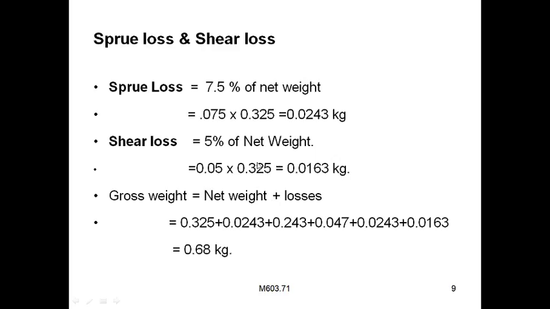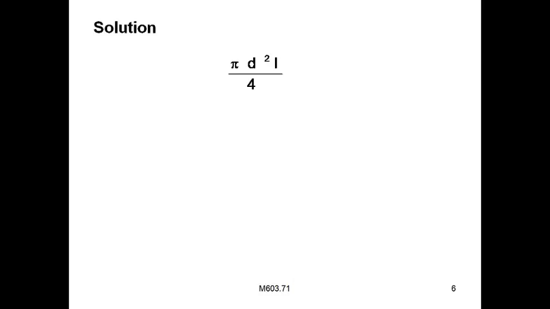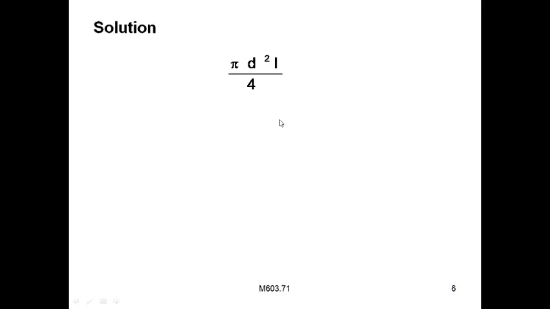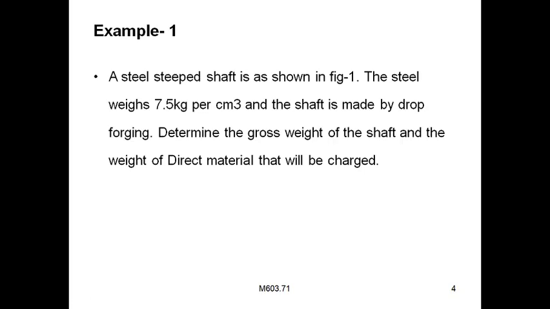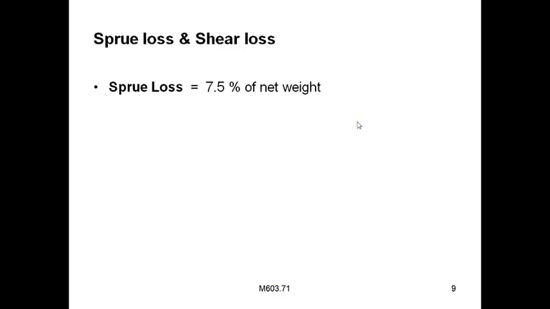In this case also the cost of the material is not given. So in example 1 we are not calculating the cost. Here, determine the gross weight by considering all the losses, that's all. It is also a simple problem. Okay, I am moving forward.